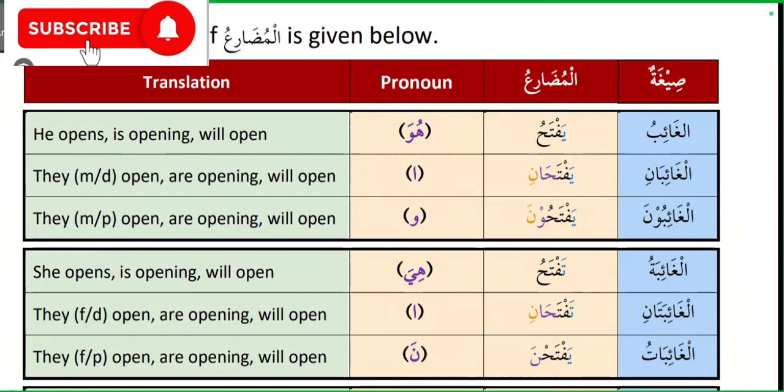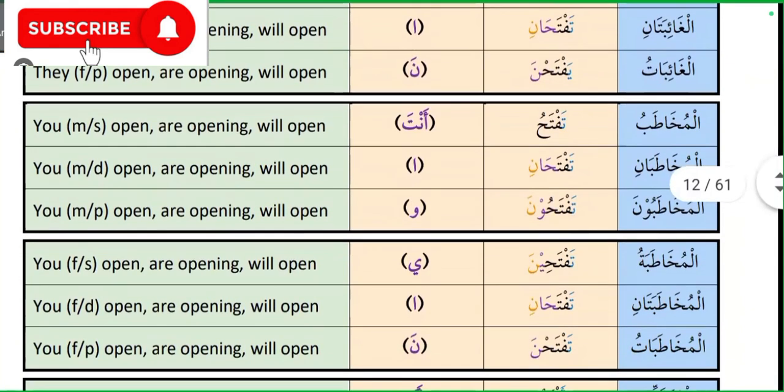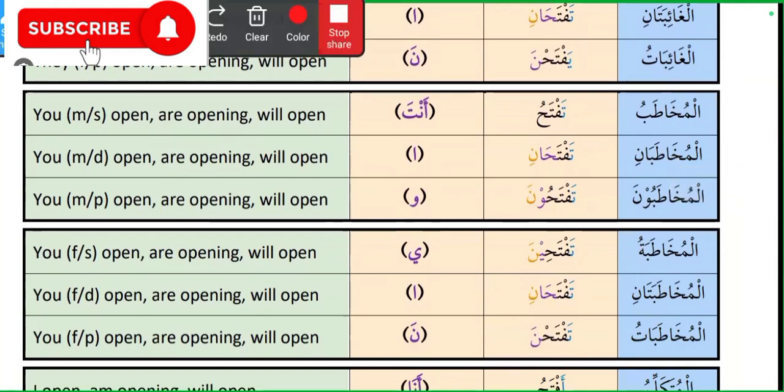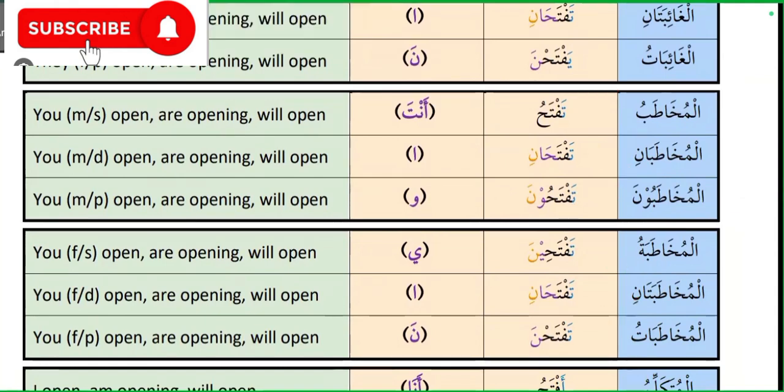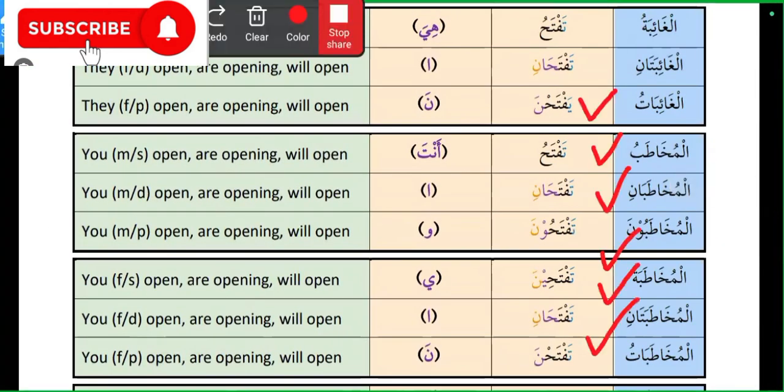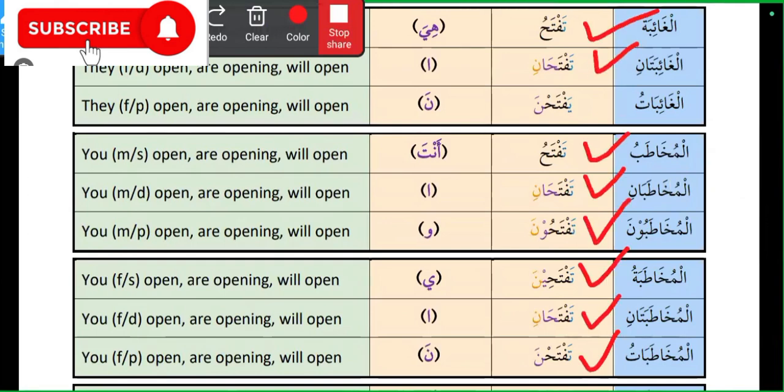Then the next six are taftahu, taftahani, taftahuna, taftahina, taftahani, taftahna. All six of them start with the letter ta. If we also include taftahu and taftahani, it makes 8 sighas. 6 plus 2: 1, 2, 3, 4, 5, 6, 7, and 8.